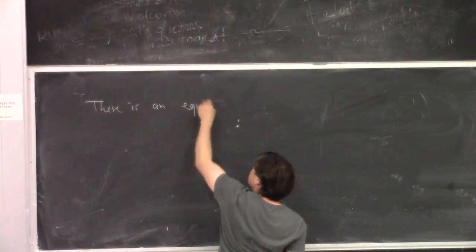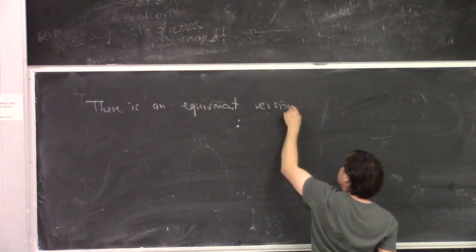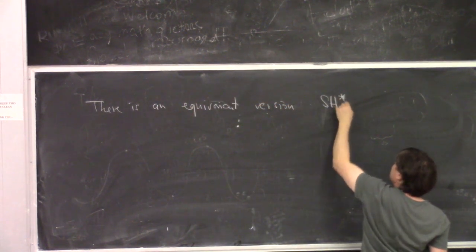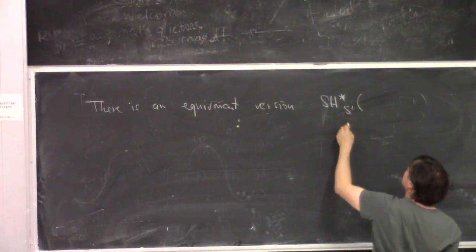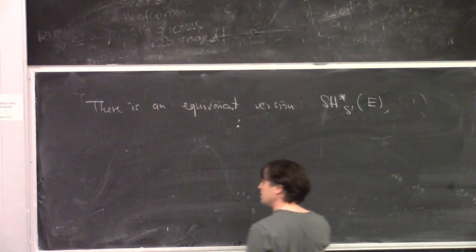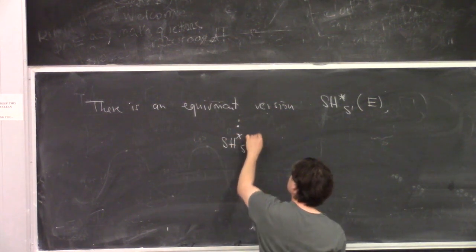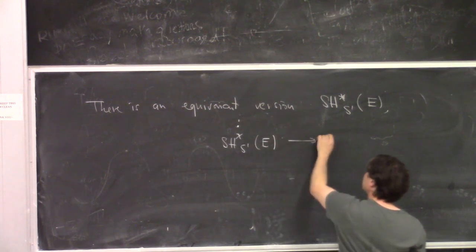So there is an equivariant version, SH star S1 of E. You can forget the equivariance and land in the ordinary version.